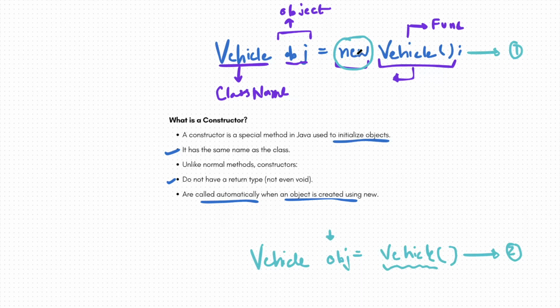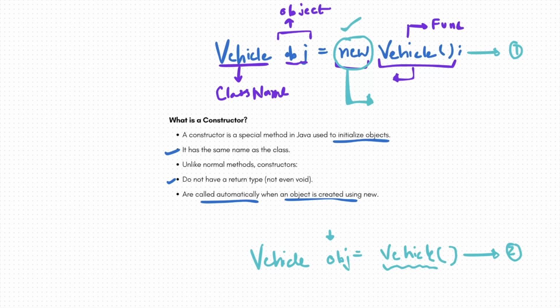But as soon as we have this keyword new, this keyword says that now this is not an ordinary function, this is a constructor. So this new keyword represents that you are not calling an ordinary function, you are calling a constructor.